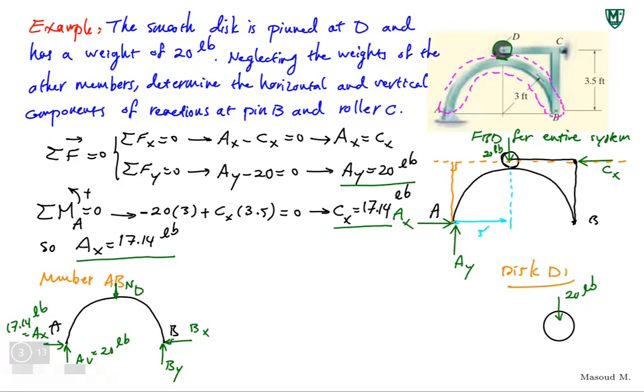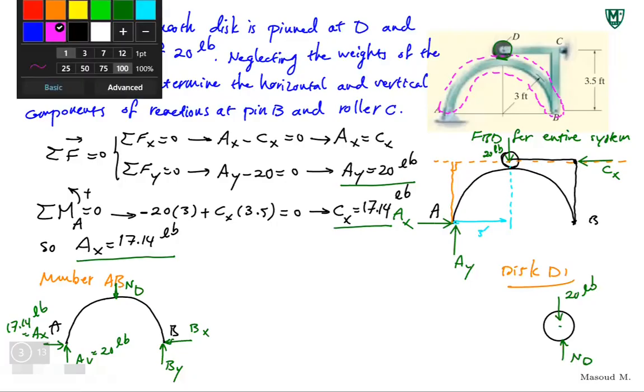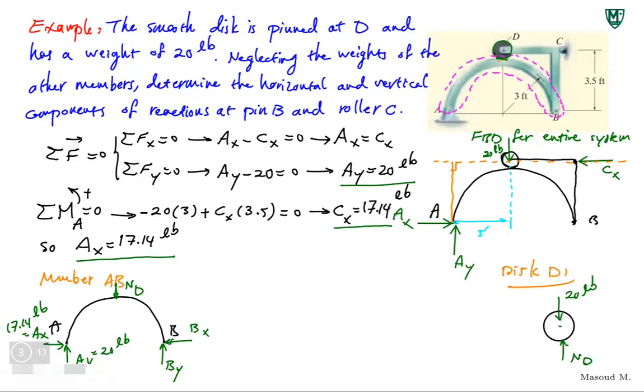We have the reaction of the smooth contact, ND. And what else do we have there? We have this pin there, right? Well, wait, don't get lost. I'm isolating disk D here. All right, this disk there.